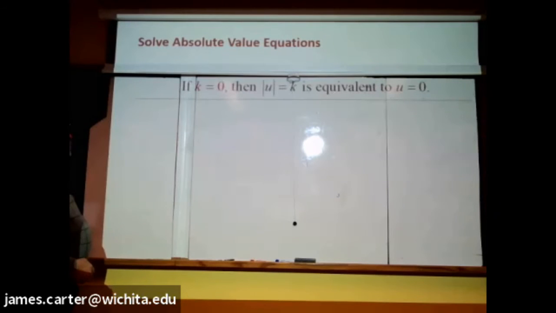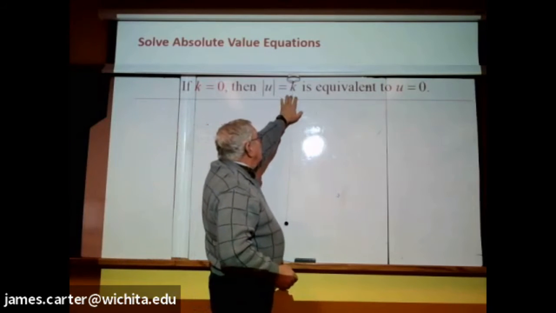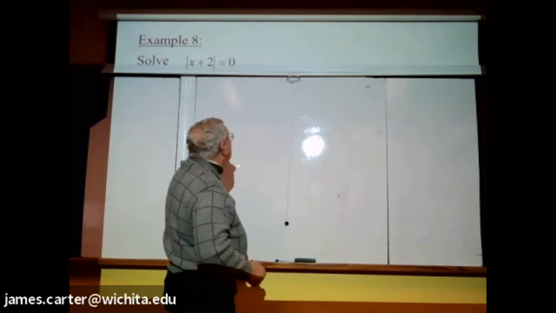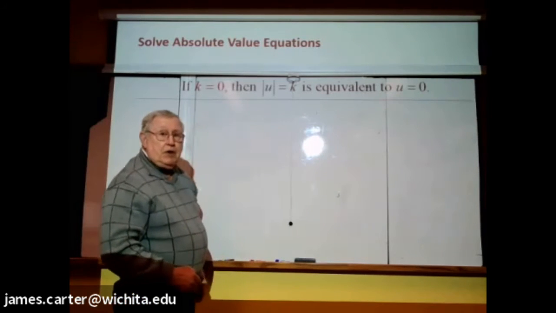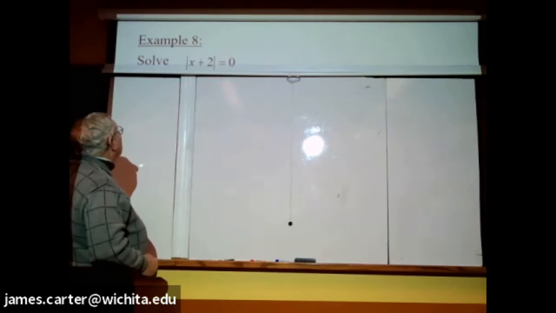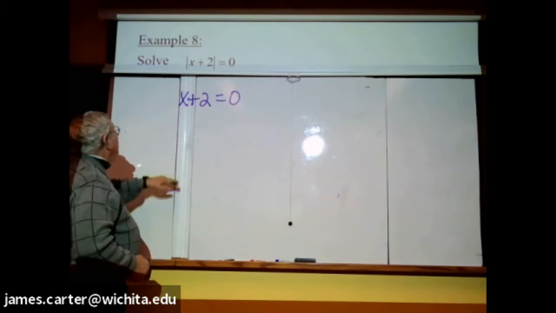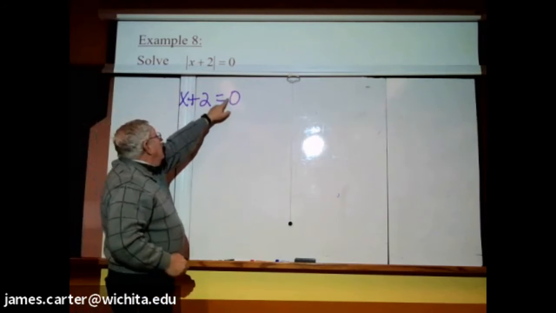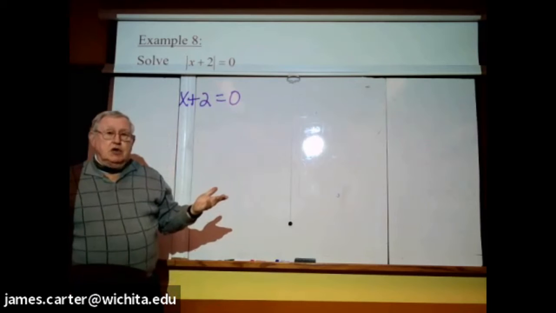Okay, solve more equations. What if this value is 0? Well, this is just saying then that's got to be 0. Okay, here's the problem. We've eliminated this. You can say plus or minus 0, but 0 has no sign.